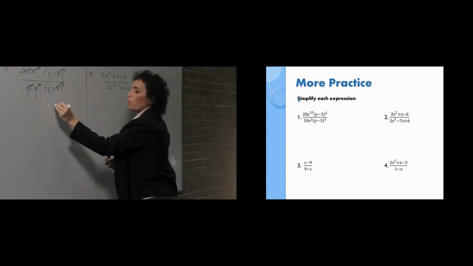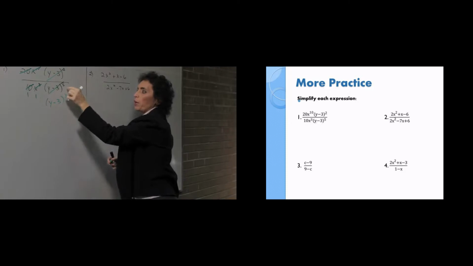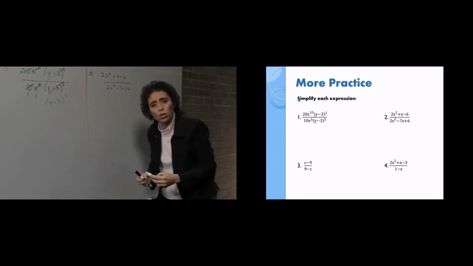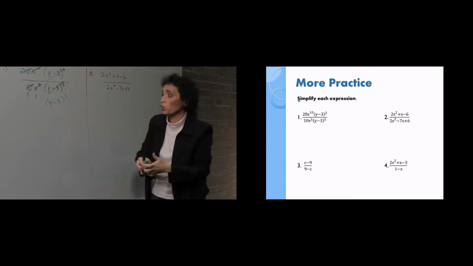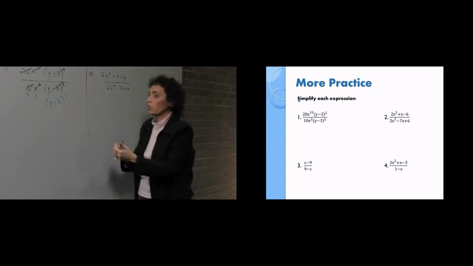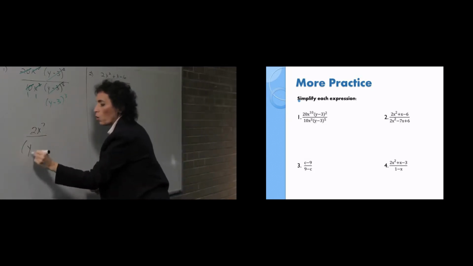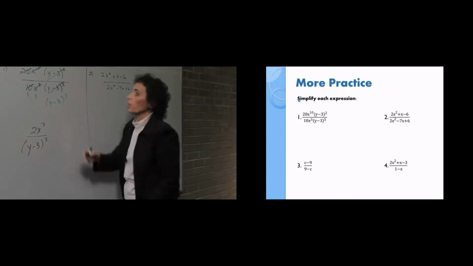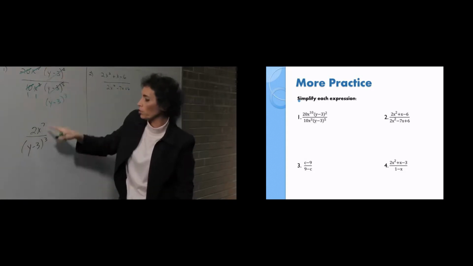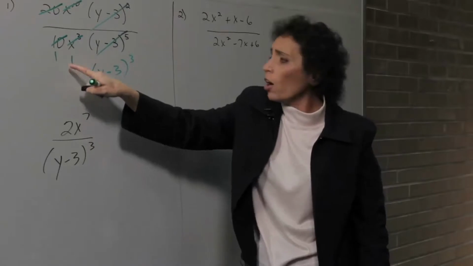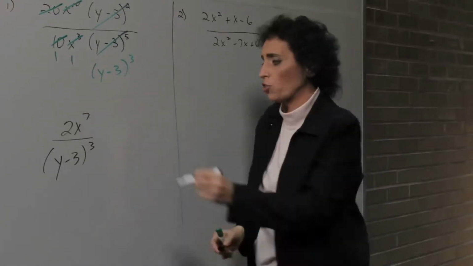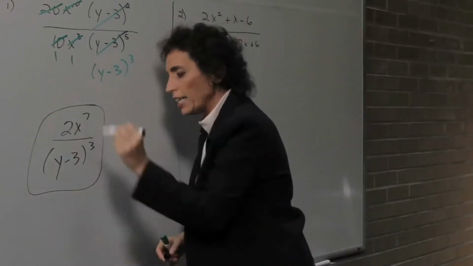So I have more y minus 3's on the bottom, and there's 3 of them, because 5 minus 2 is 3. I know it's on the bottom, because the bottom exponent is bigger. So here's my final answer, 2x to the 7th over y minus 3 to the 3rd. Because 2x to the 7th times this 1 is still 2x to the 7th. These 1's are attached by multiplication, so they don't affect my answer. I am absolutely done. Awesome.